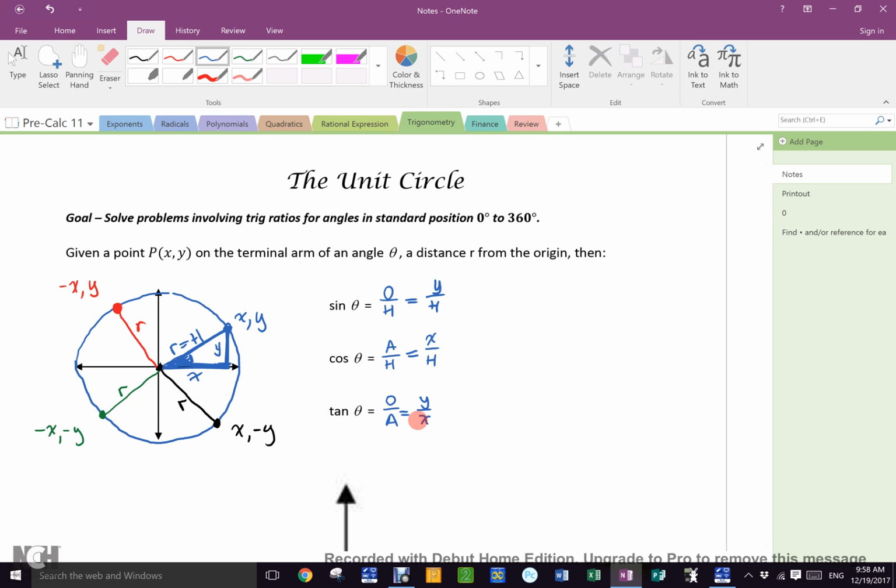Everybody? Okay. Well, don't I have 4 triangles here? What is red sine? Y over h. What is red cos? Look closely.